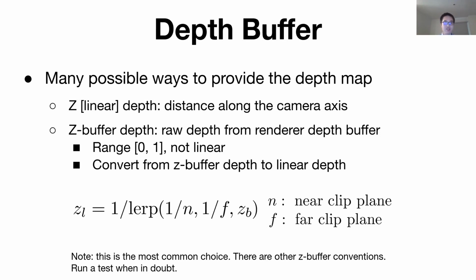To convert from the z-buffer depth to a linear depth, one will use the formula I show below. Essentially, it is a linear interpolation of 1 over the near clip plane and 1 over the far clip plane, interpolated with the buffer depth. By taking the reciprocal of that, we get the linear depth. Note, this is only the most common choice, and there are other conventions used in renderers. So you should really just run a test when you are not sure whether this depth formula is used.